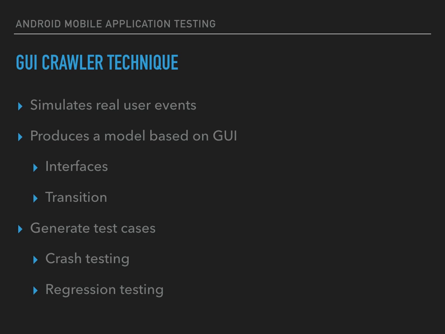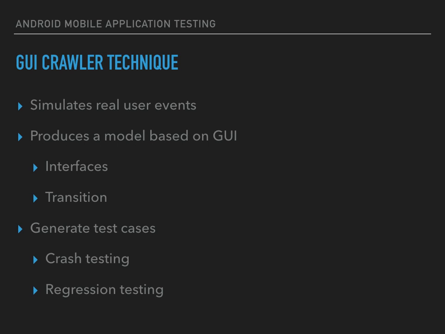So in our GUI tree, we have interfaces as well as the transition events that show the correlation and connection between the different interfaces. So I click a button on interface 1, and then we would have a branch or a tree to the next interface, and that would be our transition.